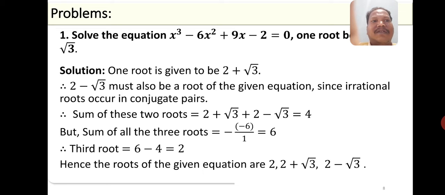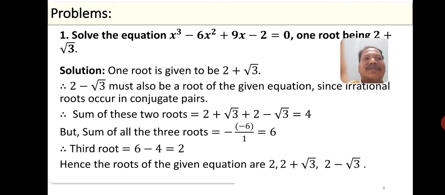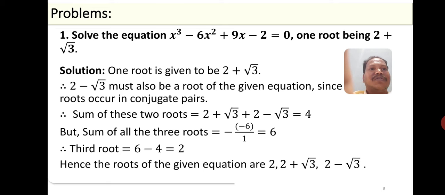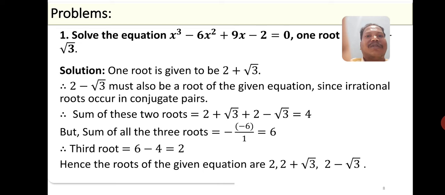The first one, solve the equation x cube minus 6x square plus 9x minus 2 equals 0, one root being 2 plus root 3. Solution: given that 2 plus root 3 is a root, therefore 2 minus root 3 must also be a root of the given equation, since irrational roots occur in conjugate pairs.